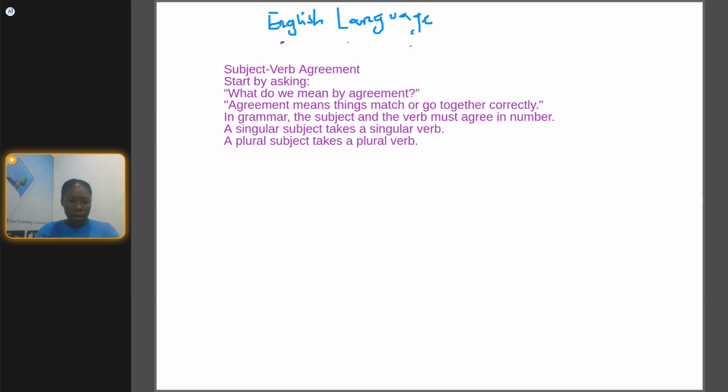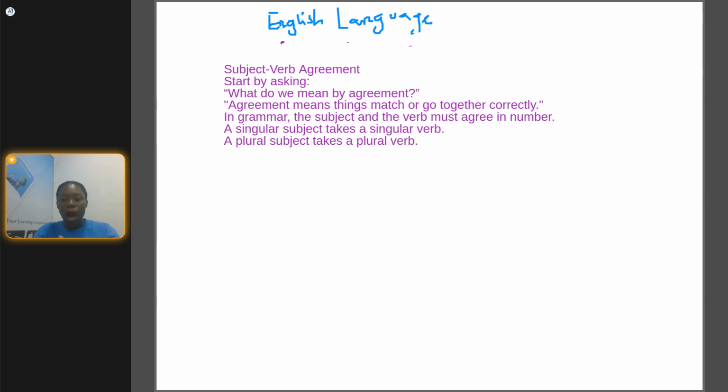Subject verb agreement. We start by asking what do we mean by agreement? Agreement means things that match or go together correctly. In grammar, the subject and the verb must agree. And what are they agreeing in? They are agreeing in number. That means a singular subject has to take a singular verb, and a plural subject has to take a plural verb.